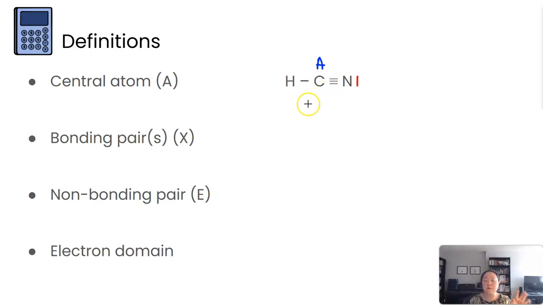In terms of the things around it, where you have to look for bonding pairs and non-bonding pairs, this is a bonding pair, and this is also a bonding pair. The carbon does not have any lone pairs around it, so it does not have any non-bonding pairs. In terms of electron domains, this carbon has 2 electron domains around it. Yes, this is a triple bond, but it doesn't count for more. There are 2 places at which there are electrons grouped around this carbon, and so there are 2 electron domains.